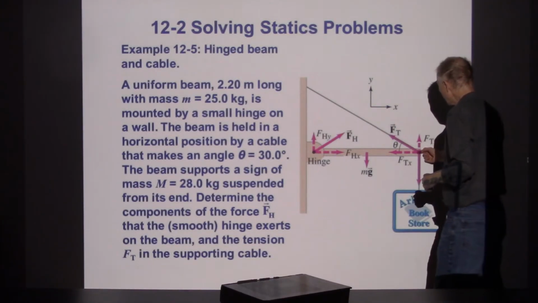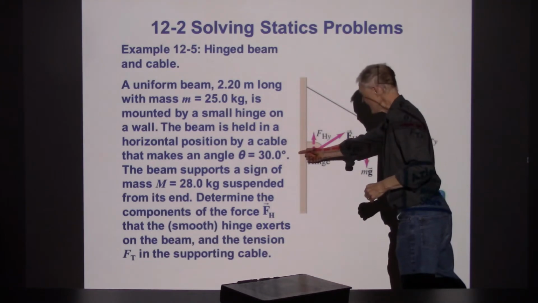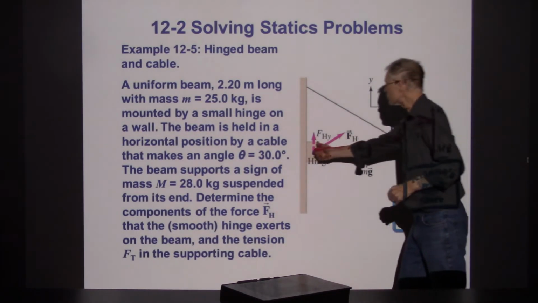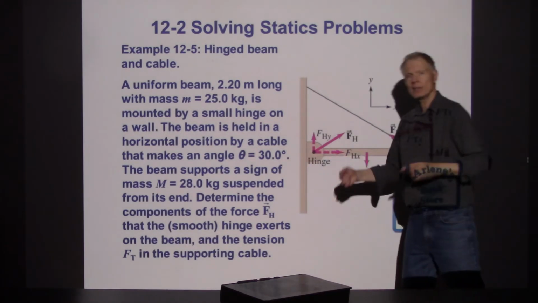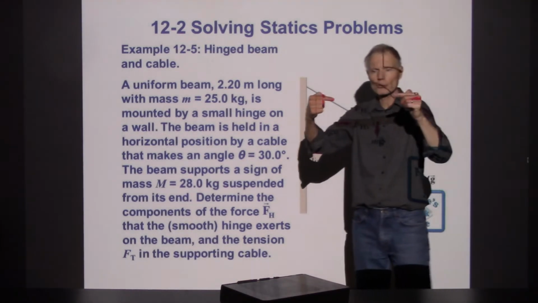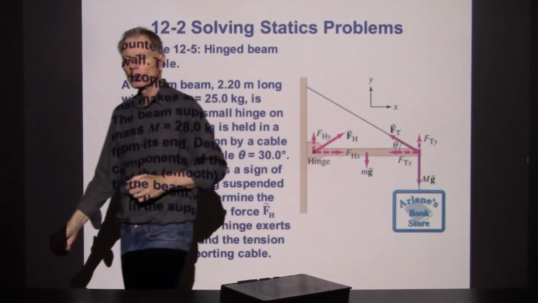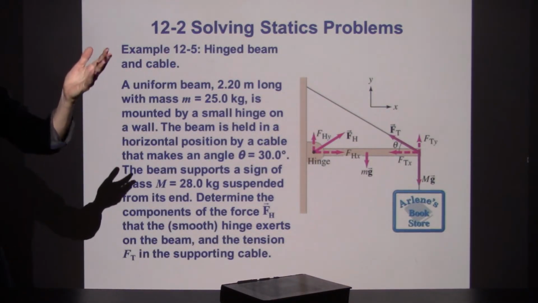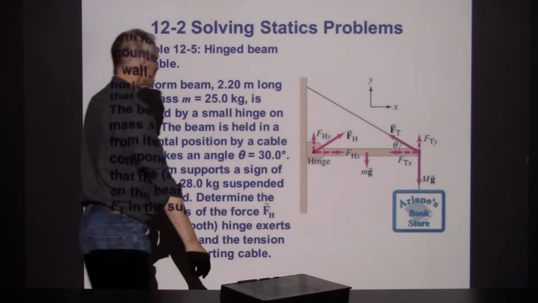There's also a horizontal component, and that's going to tend to push the beam into the building. So the hinge is going to need to offset that. The hinge needs to provide a force in the opposite direction to prevent the beam from getting pushed into the building, to hold the beam in place.